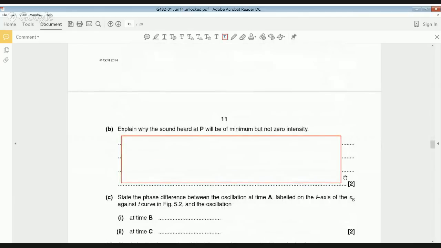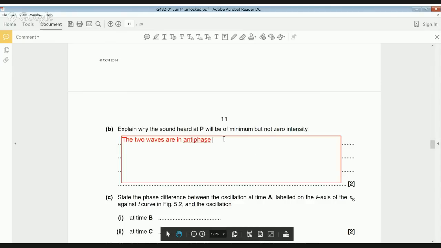Well, the 2 waves are in antiphase. If that's a word you've not come across before, it just means that the waves are 180 degrees out of phase with each other. One wave will have a peak when the other wave has a trough. So there will be a minimum.